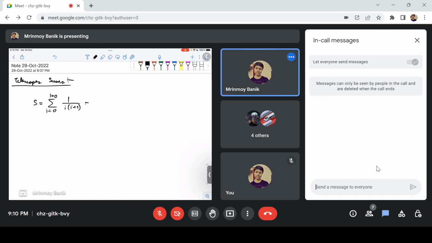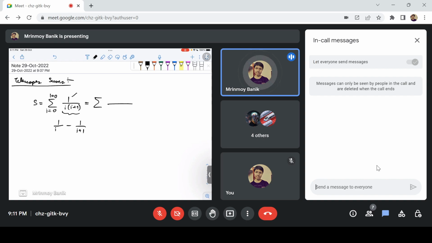So most of the time in these situations, you try to write the expression inside the sum as a difference of two sequences. For example, here you may write it as 1 by I minus 1 by I plus 1.